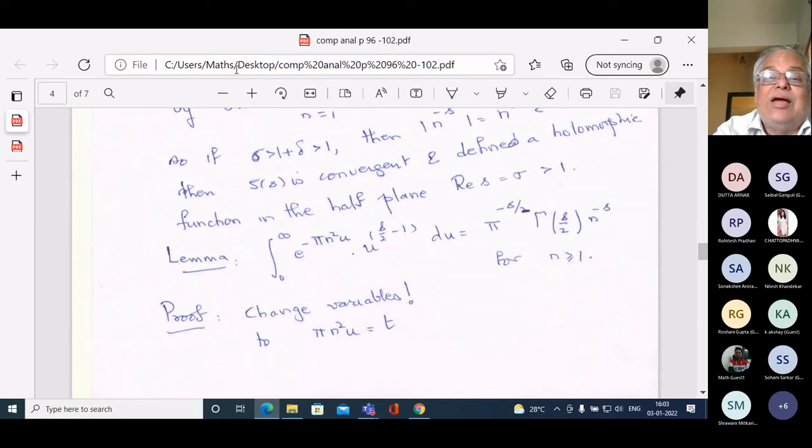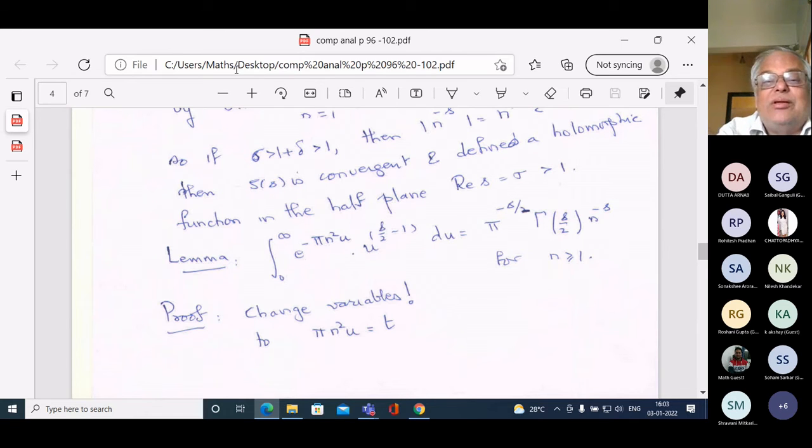And gamma s by 2 will have u to the s by 2 minus 1, and e raised to minus u. All I'm doing here is doing some scaling in the u. But there should be a scaling in this u that you have here also. And therefore, it should give me some result that this is something to do with gamma.